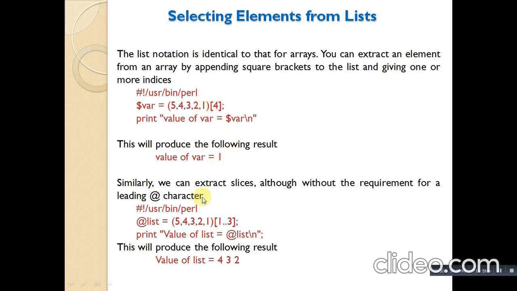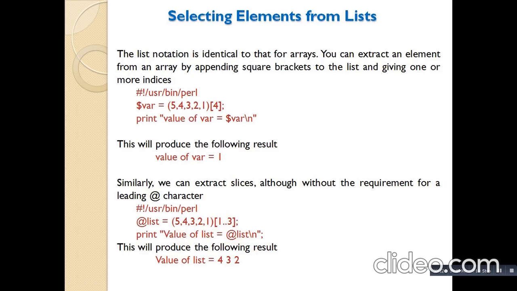Similarly, we can extract slices without the requirement for a leading @ character. At list 5 4 3 2 1, then 1 range operator 3. Now we are printing a list. What will the list display?